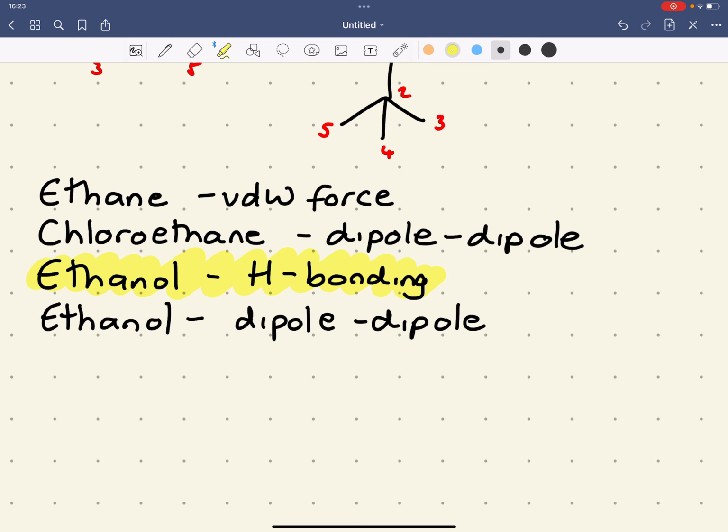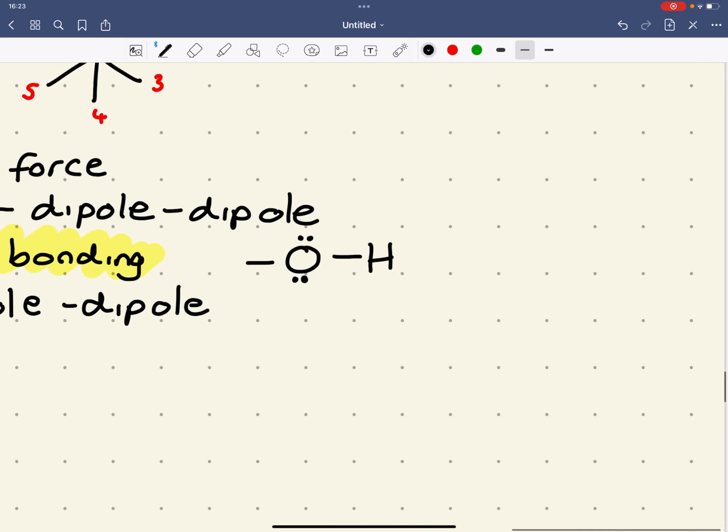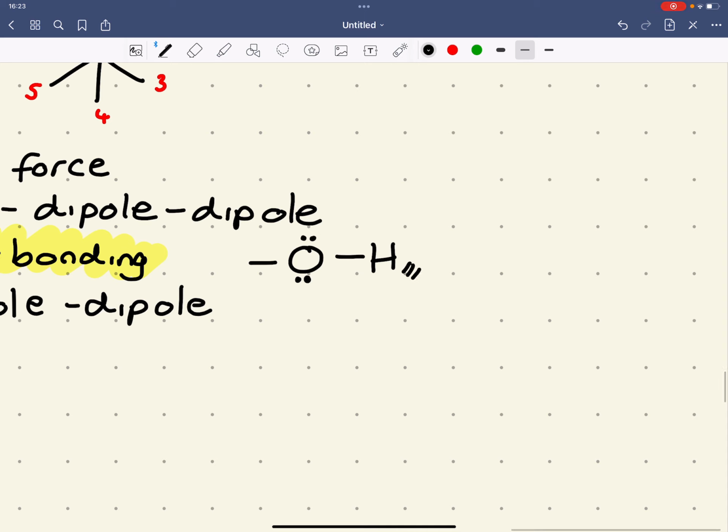So your answer should have been ethanol. Hydrogen bonding, remember, occurs when you've got a hydrogen bonded to a very electronegative atom, O, N or F. And remember that the hydrogen then can attract the lone pair of an oxygen of a neighbouring molecule. So that there would be your hydrogen bond, the strongest intermolecular force.